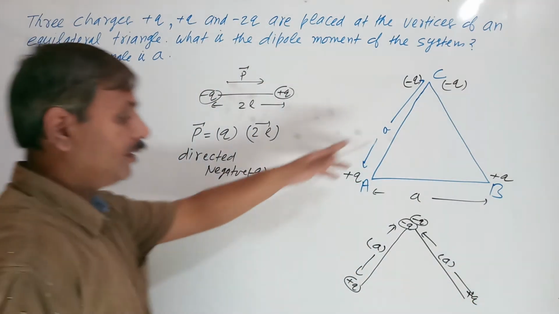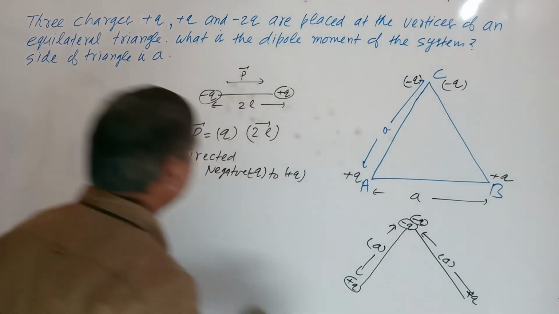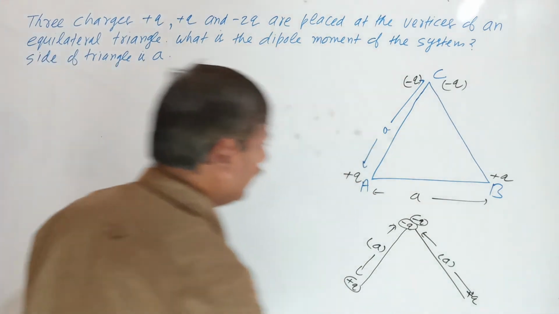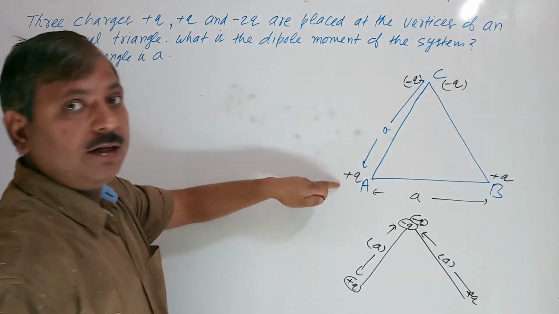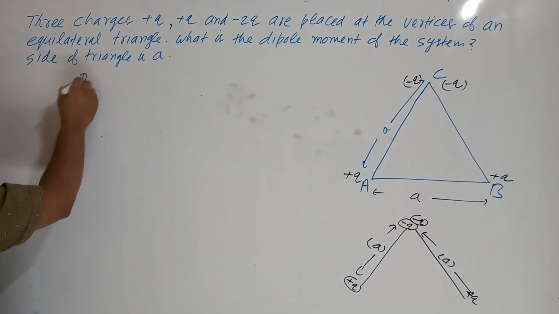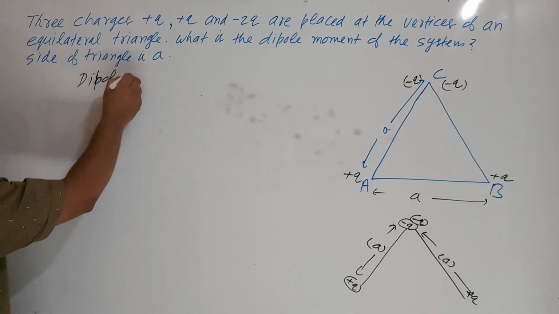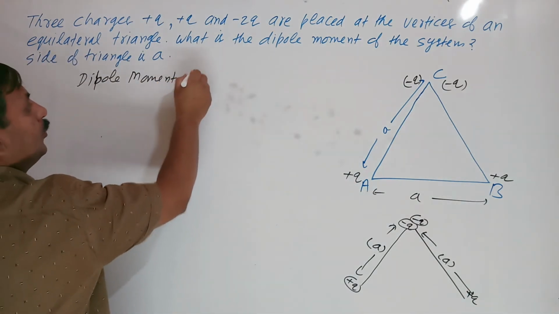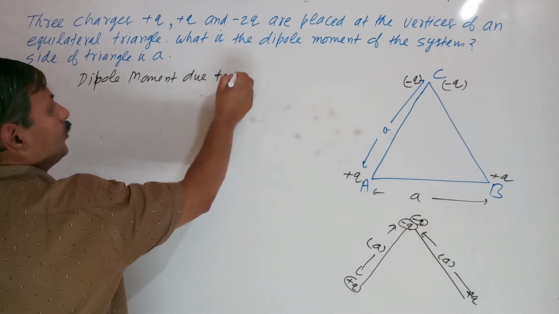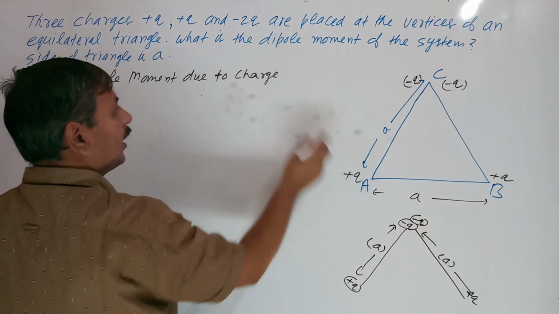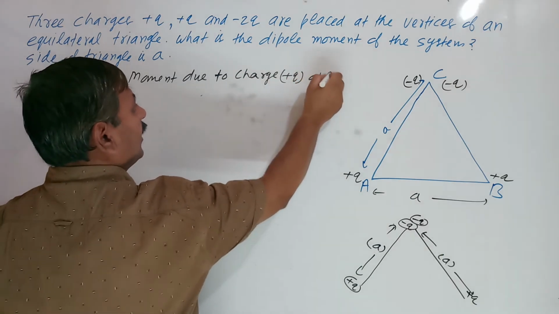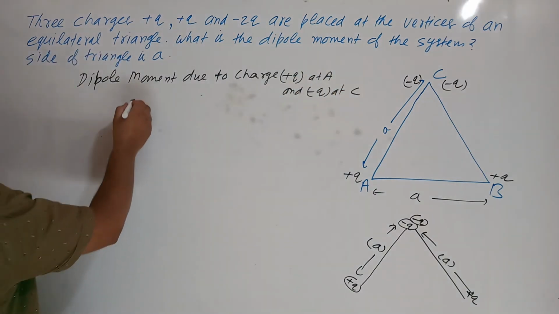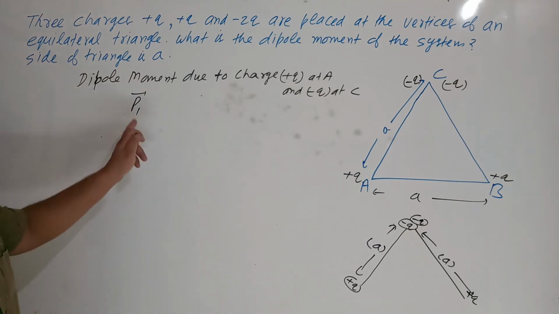So see, first dipole: minus Q and plus Q. The dipole moment due to charge plus Q at A and minus Q at C, suppose I have given it P1.